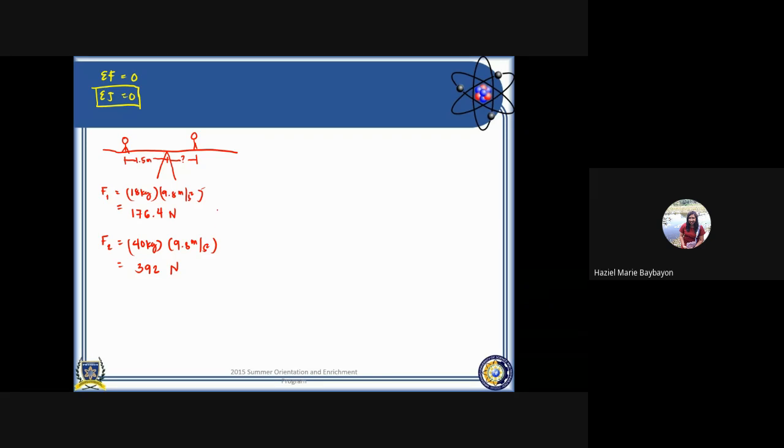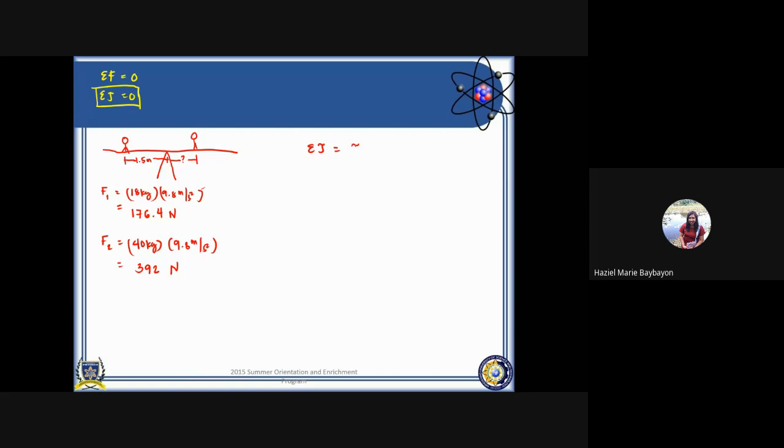Now, according to this equation, for them to balance, the summation of torque should be equal to 0. So what are the torques here? We have the torque due to the child plus the torque due to the mother equals 0. By convention, counterclockwise is positive, clockwise is negative.